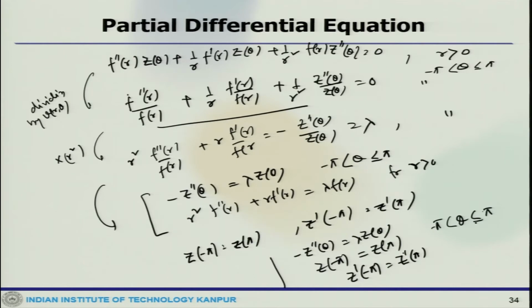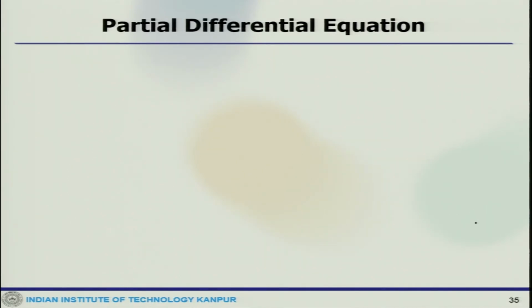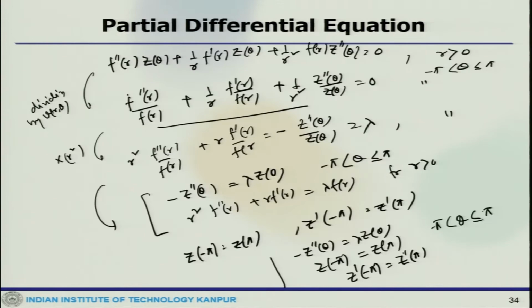Now, we can have an eigenvalue problem. We can see that the function z(theta) equals 0 for all values of theta is a solution, and we refer to this solution as a trivial solution.